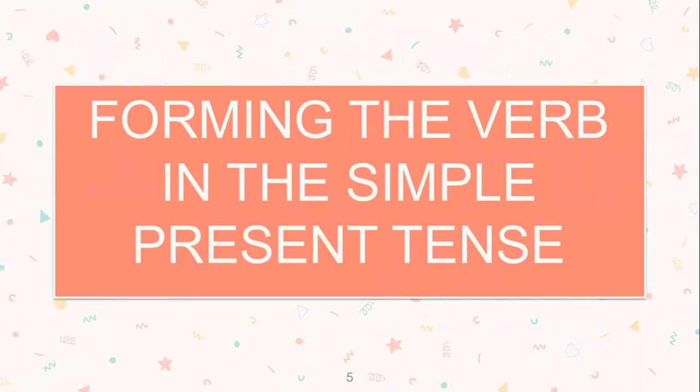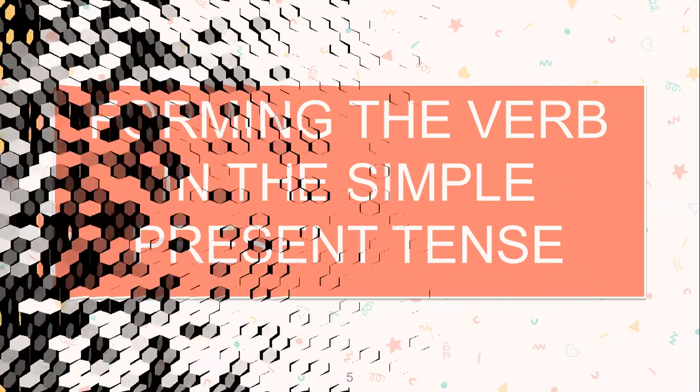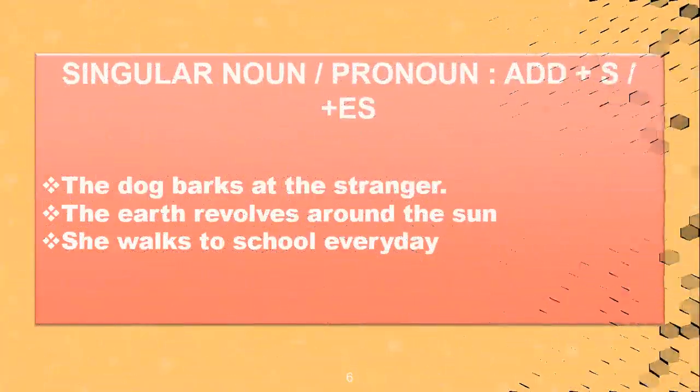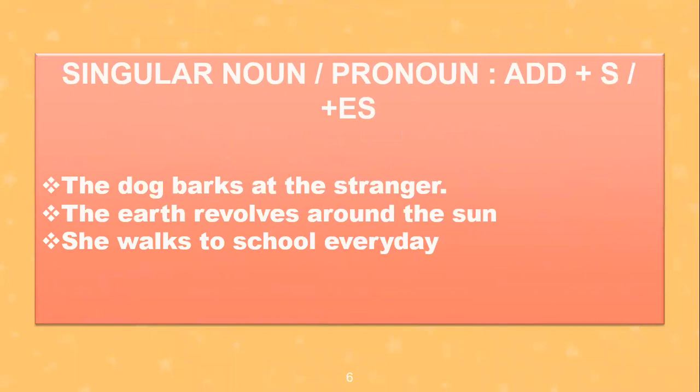Now let's move to the next topic, and that is forming the verb in the simple present tense. Forming the verb in the simple present tense means, how do you form the verb when you are making a simple present tense sentence? Okay, so let's see. Now, the singular noun or pronoun.